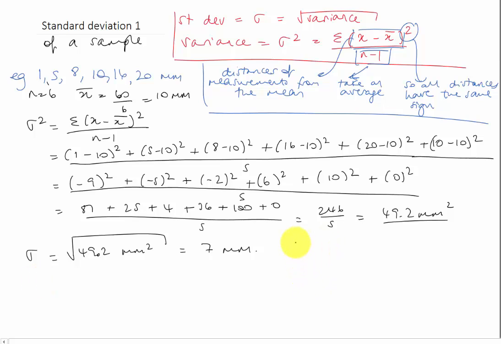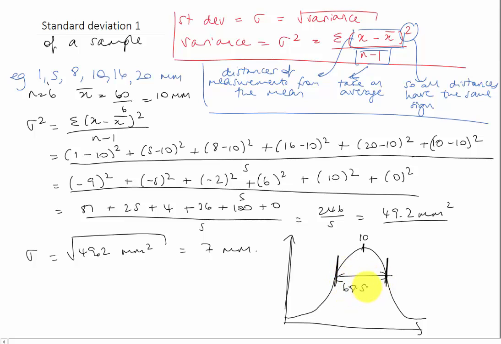So if we draw out our bell curve, here's our standard deviation curve, and here's our mean in the middle, that's 10, and we know that we've got the same shape for the curve, so we know that 68.5% of the measurements are going to be within one standard deviation of the mean, i.e. between 10 minus 7, which is 3 millimeters, and 10 plus 7, which is 17 millimeters, and so on.